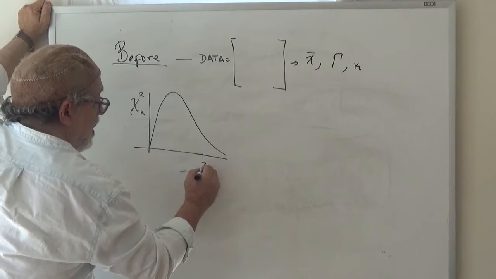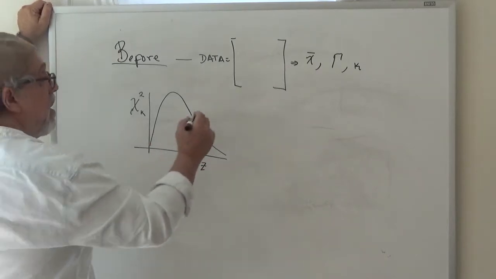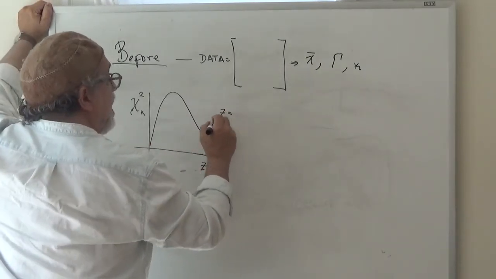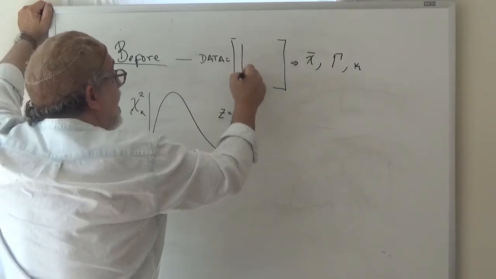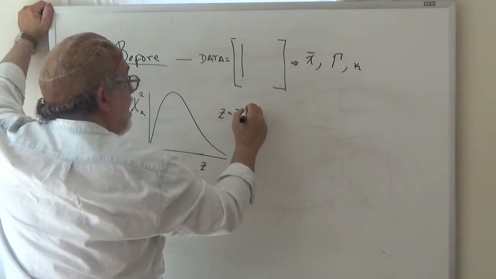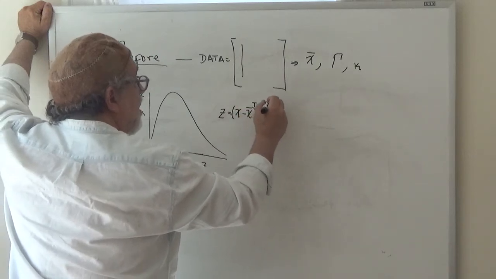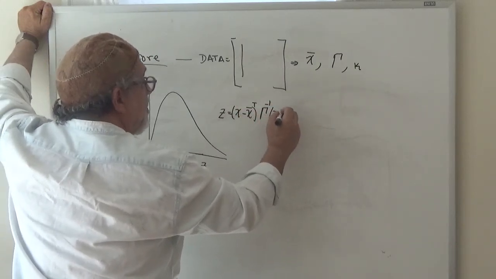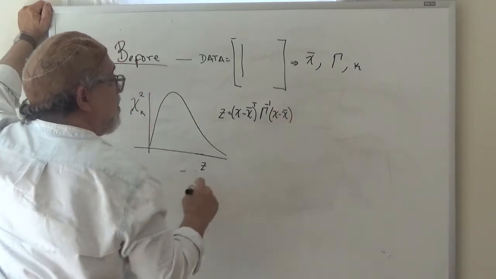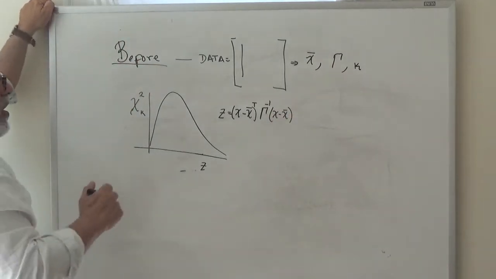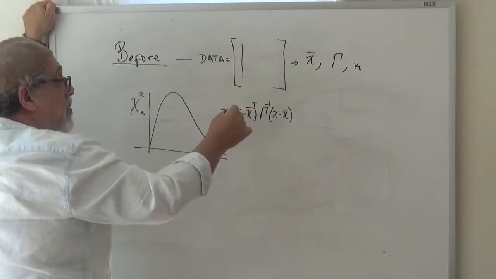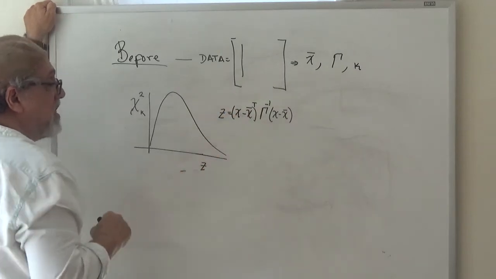And this variable here is z, where this z is our data minus the mean, transpose, times the covariance to the -1, times the data minus the mean, like that, right? So we have any vector that we collect, we calculate its z.